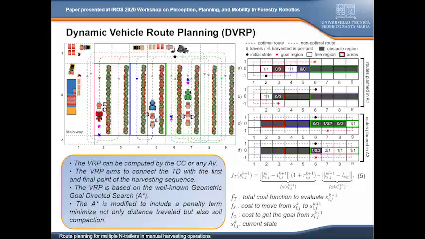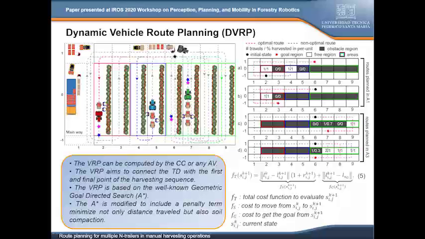In this work, the cost Fs has been modified from the traditional version to minimize not only the distance traveled, but also the soil compaction, a product of traveling on a track more than once. To this aim, the evaluation of a possible successor is done by computing the total cost function in equation 5, where superindex k and k plus 1 denote the current state and the possible successor, respectively.